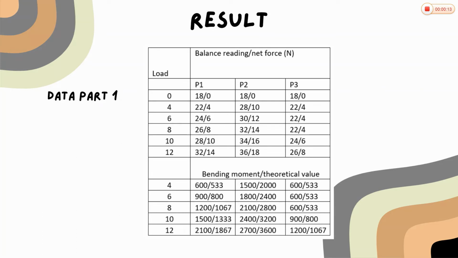For data part 1, we are using 4, 6, 8, 10 and 12 Newton for the load, and for distance we are using P1 at 200 mm from point A, while P3 is 400 mm from point A. So these are the data.